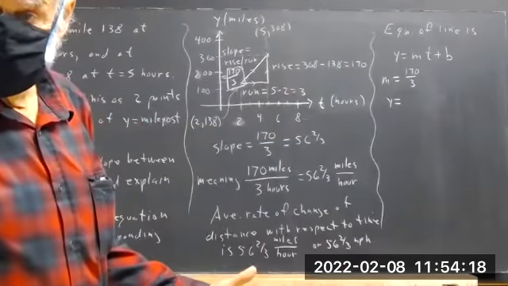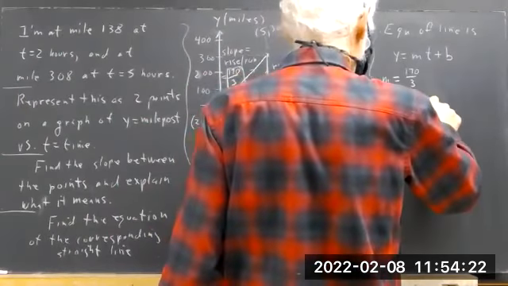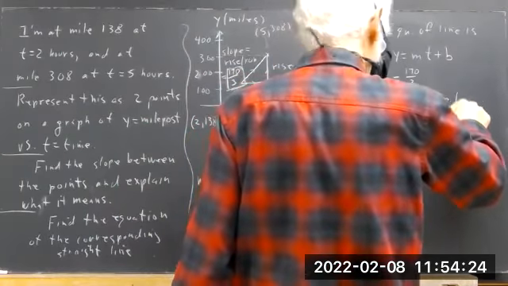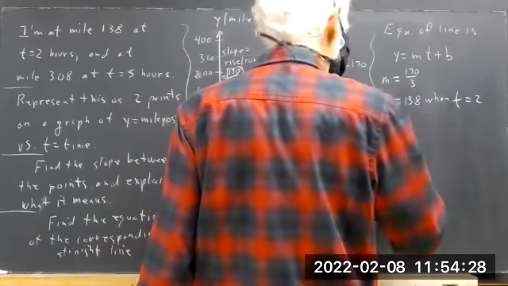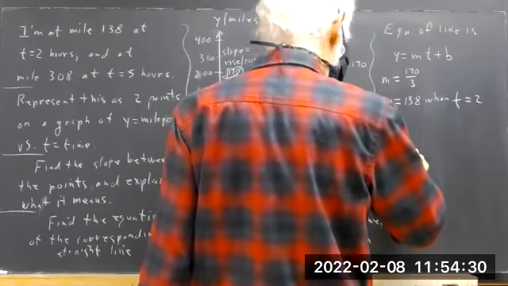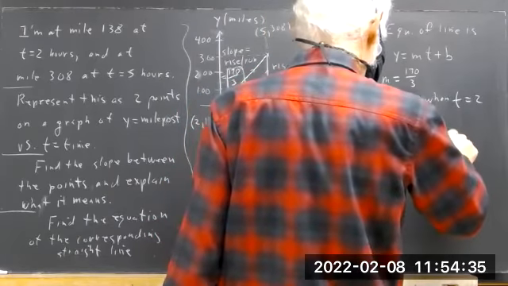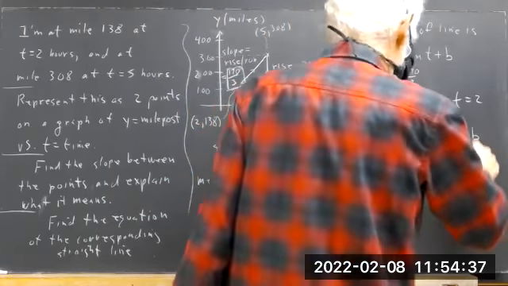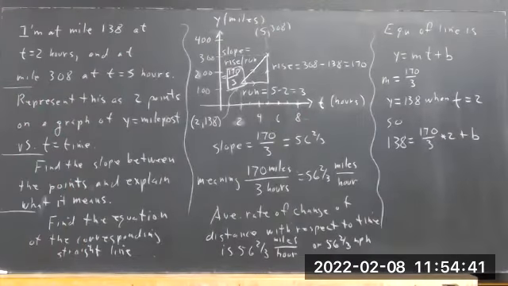Let's just use that. Y equals 138. So we have 138 equals 170 thirds times 2 plus b. That's easy to solve for b.